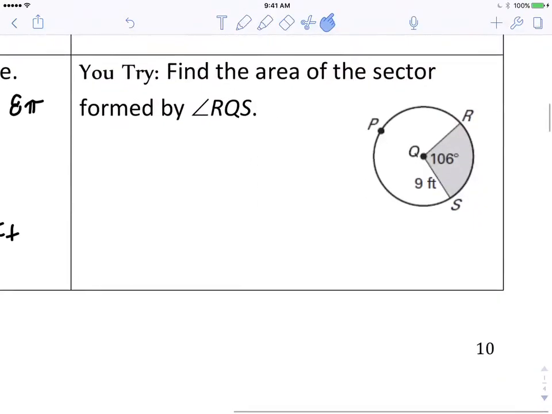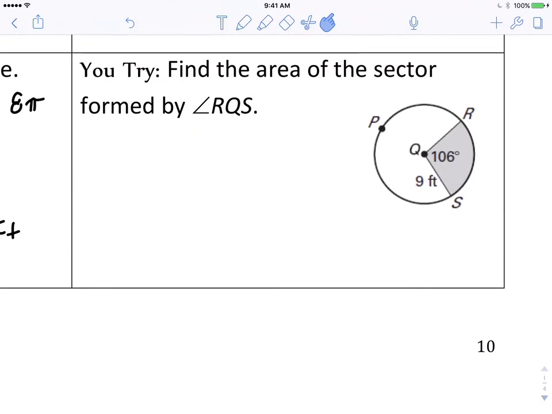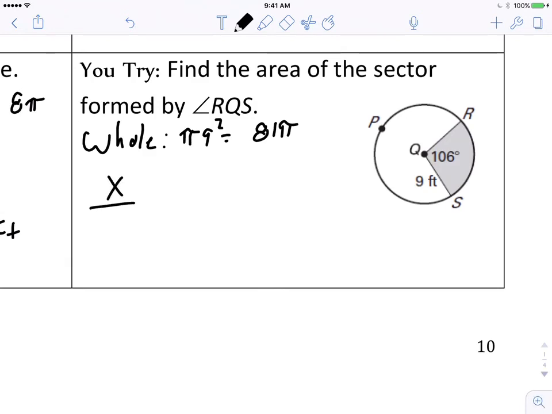All right, go ahead and try this bottom question. Pause the video here, and then we'll see how you did. All right, we'll start with the same thing, the whole. The whole area will be pi times 9 squared, which is 81 pi. So we'll set up our area proportion, x over 81 pi is equal to, this time we're using 106 degrees of the whole thing, which is 360.